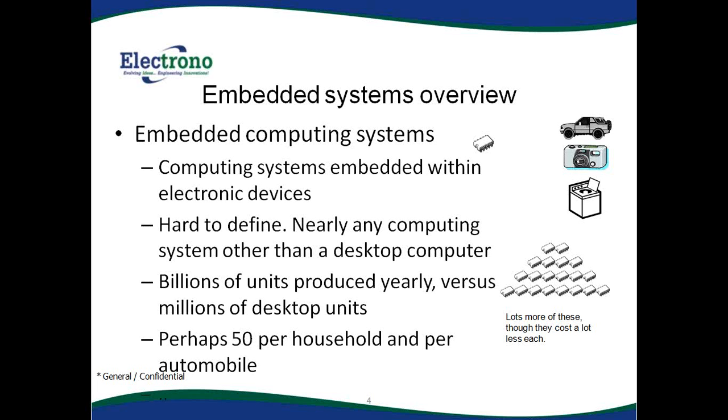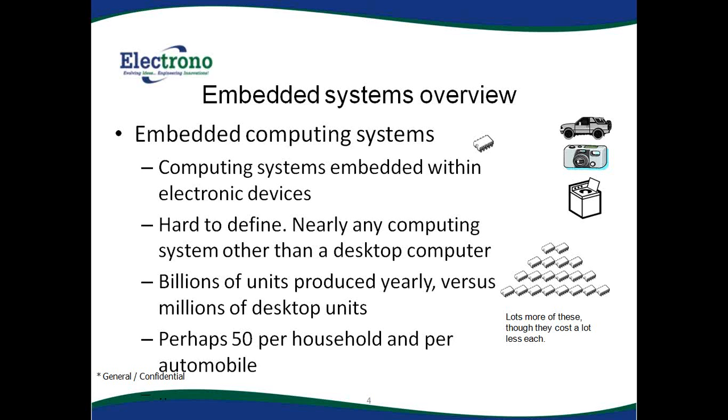So we have an embedded computing system, a computing system embedded within an electronic device. This computing system can be a part of a huge electronic device system also. It's hard to define nearly any computing system other than a desktop computer.